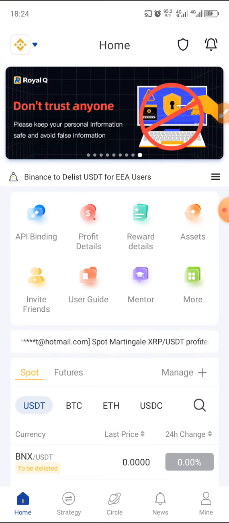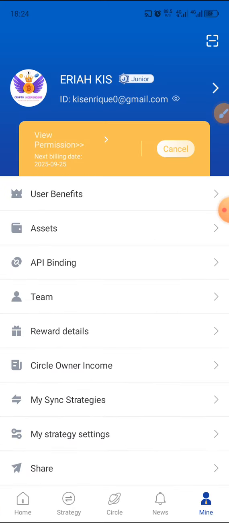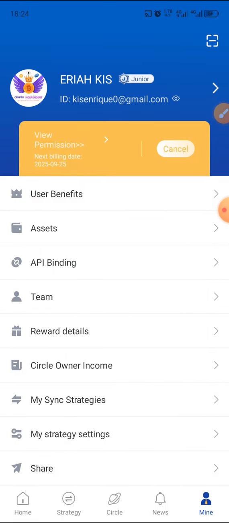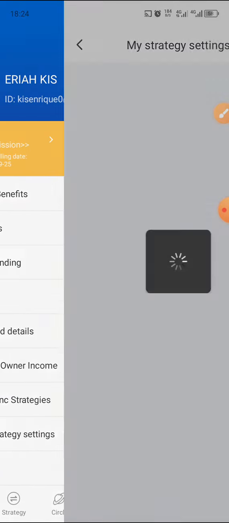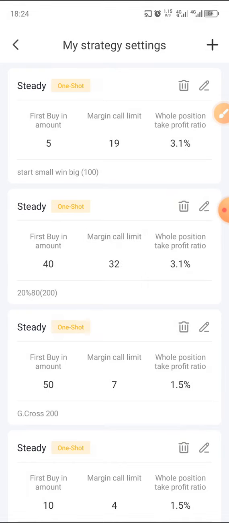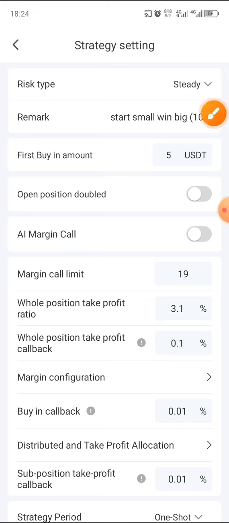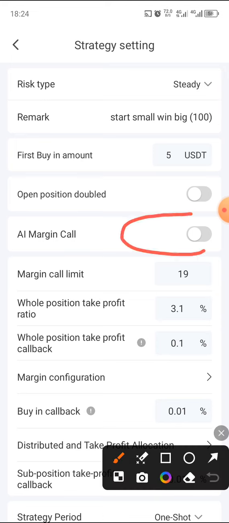So let me begin with those of you that don't know how to switch on the margin call. While setting up a trade, you'll come across this button here, the AI margin call.